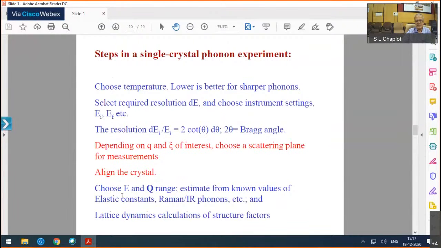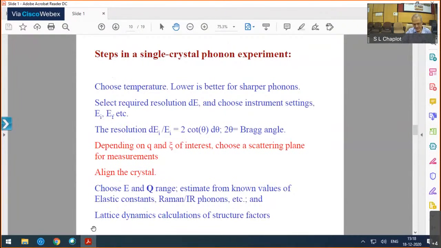Then one has to choose the range of energy and wave vector over which the measurements will be made. These have to be estimated from whatever knowledge or experience one has about the sample, about the crystal.